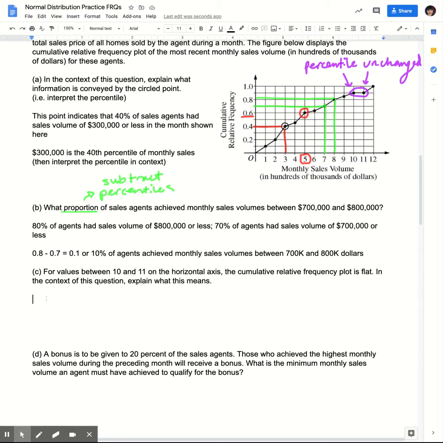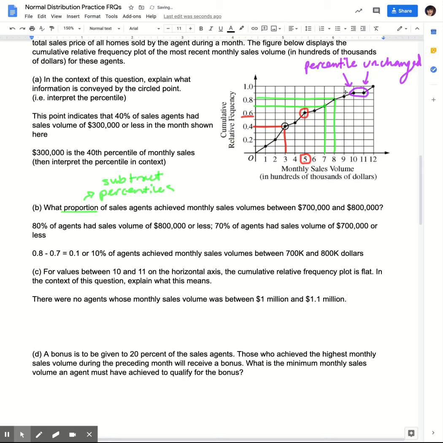So in the context of this question, it's just that there were no agents whose monthly sales volume was between 1 million and 1.1 million.